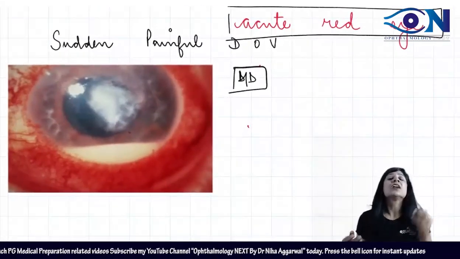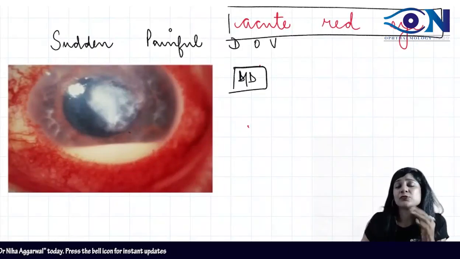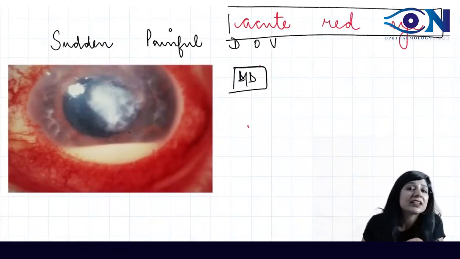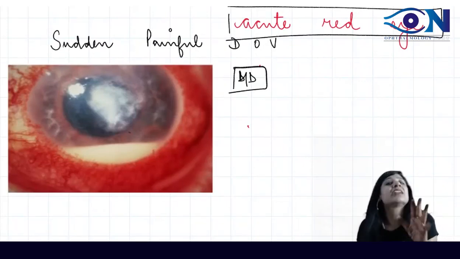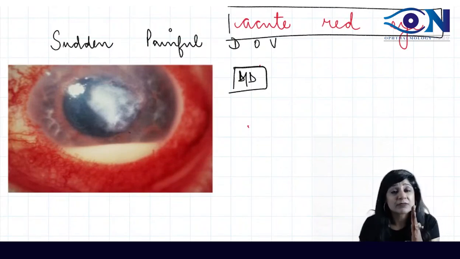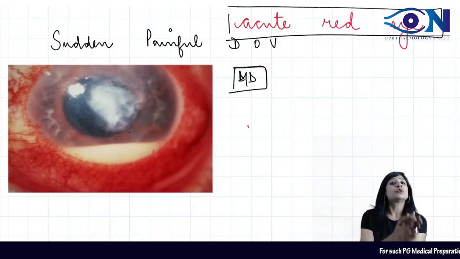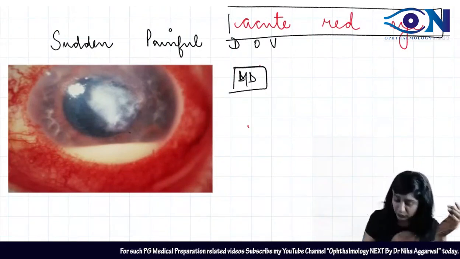What are the things you can consider in this patient? Because sometimes all the 4 options are given in the answer and you do not know how to rule out. Everybody knows the characteristics of bacterial corneal ulcer. So my interest is not to tell you the characteristics. My interest is to tell you how to differentiate it from other ulcers and how to differentiate it from the DD of acute red eye.